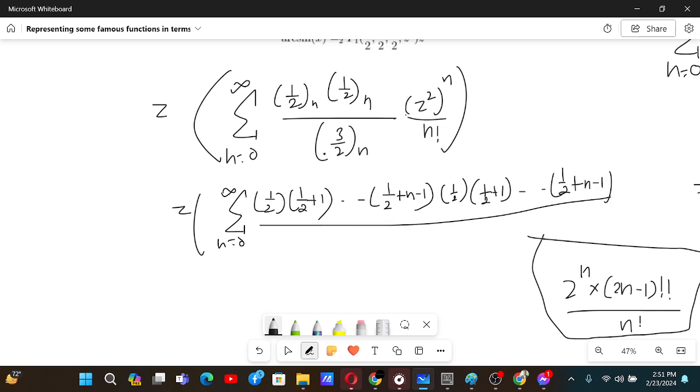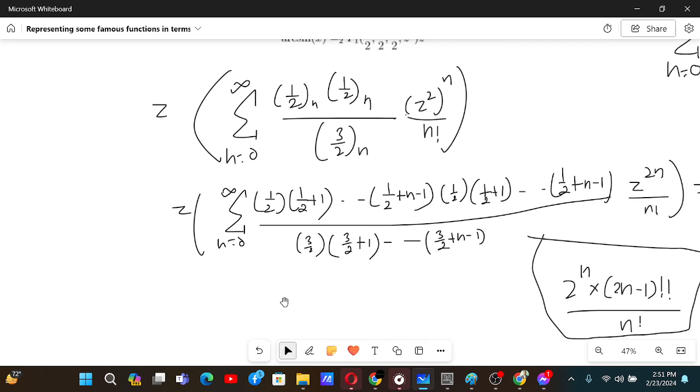And that will be 3 by 2 plus 1 up to 3 by 2 plus n minus 1. Okay, and then g to the power 2n by n factorial.